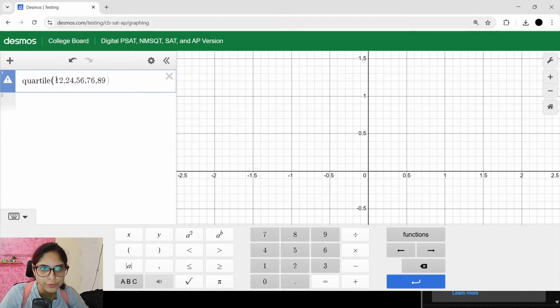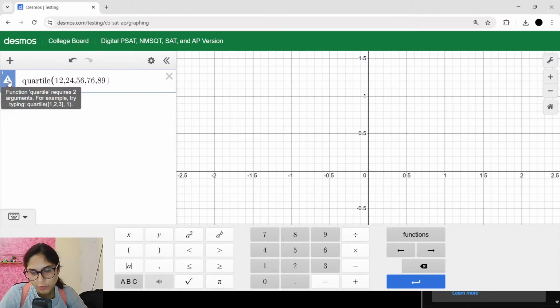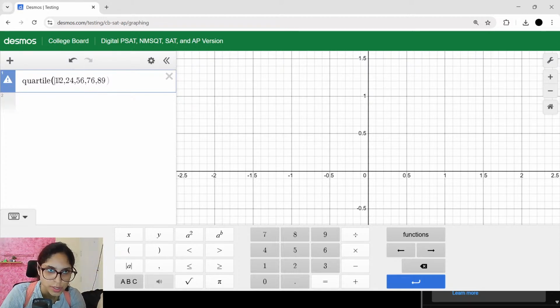So if nothing is giving you anything, you can just go to this error or warning sign and it will tell you what you have to do. Two arguments means you have to give two parameters. First one, you have to write your values, all the values inside square brackets, and comma, you have to tell which quartile you're looking for. First quartile, second quartile, third quartile. There are only three quartiles. So yeah, now we'll do that.